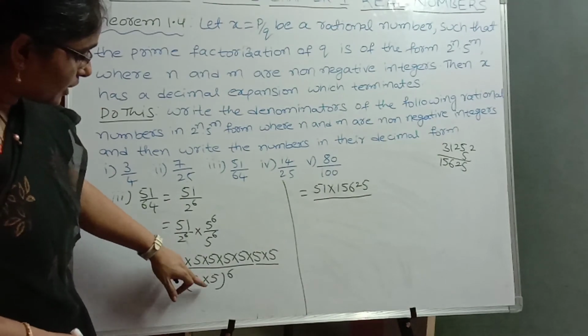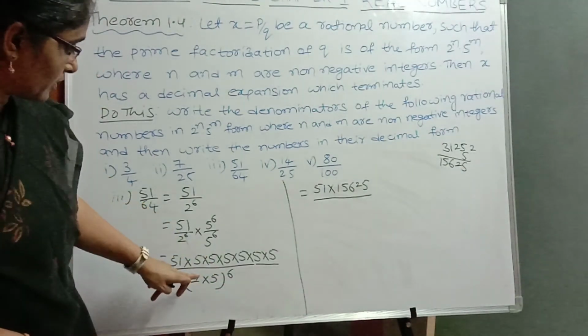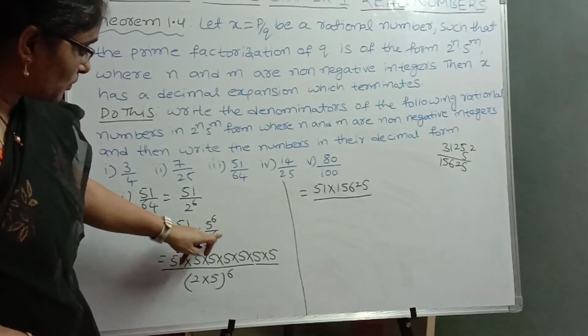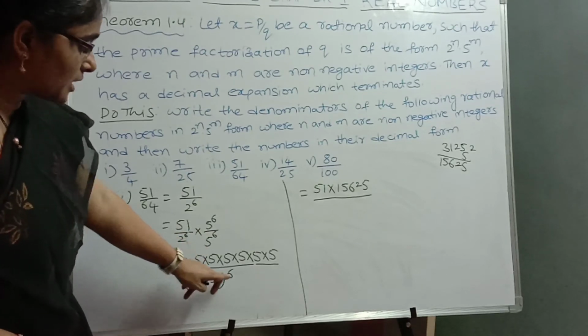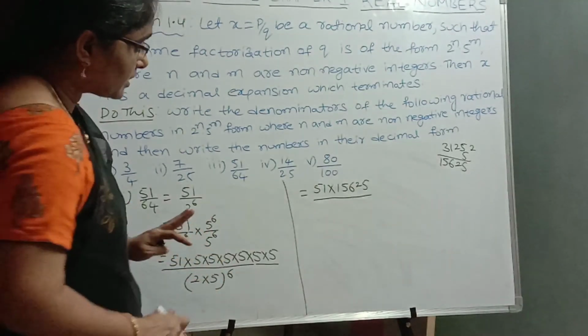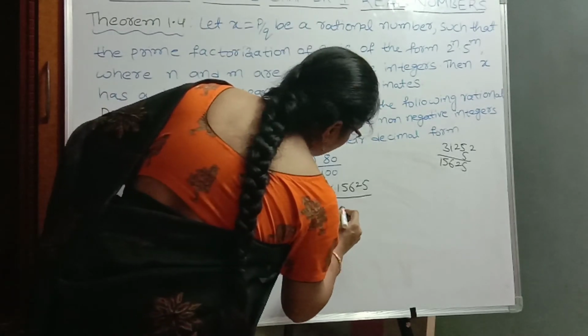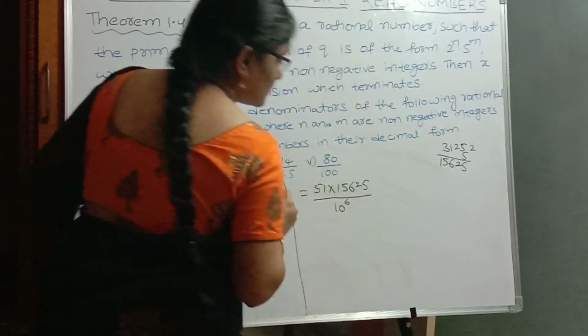That is a into b whole to the power of m form. Here it is a power m into b power m form, I converted it as a into b whole power n. Now it is 10 to the power of 6.